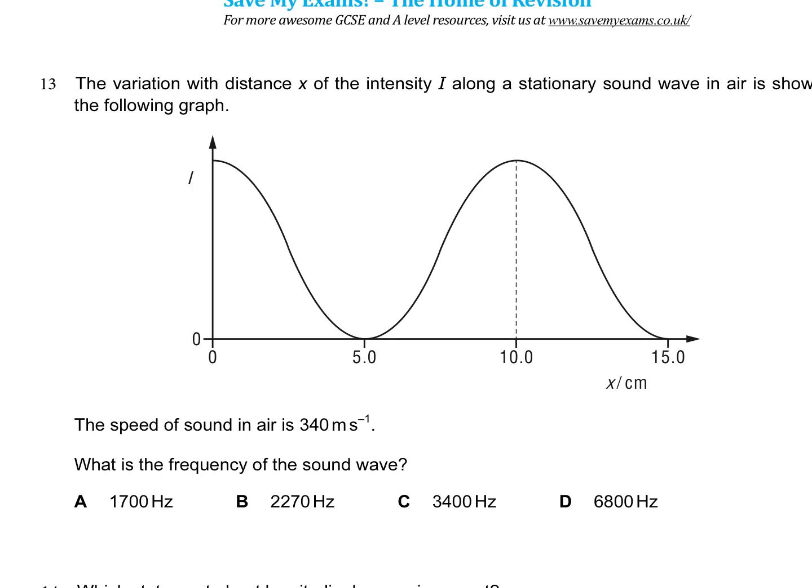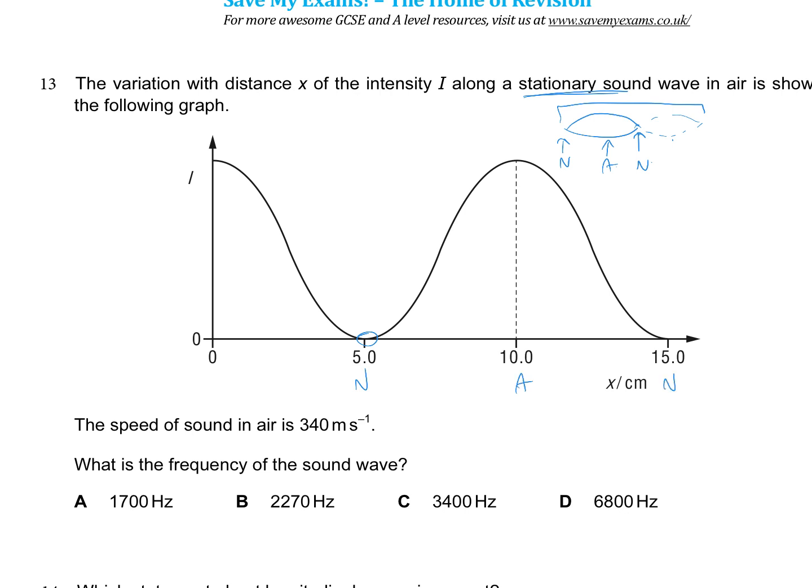For this one, you need to remind yourself what a stationary or standing wave looks like. Remember, it goes from node to antinode to node, but one whole wavelength represents all of this. So going node, antinode, node, antinode, node. So here we're going from a node, which would be when the intensity is 0, to an antinode to a node.